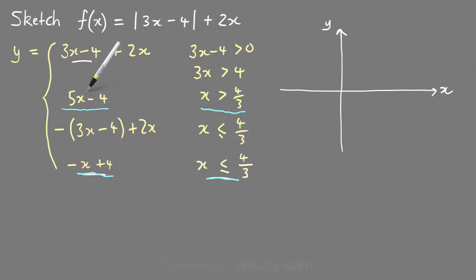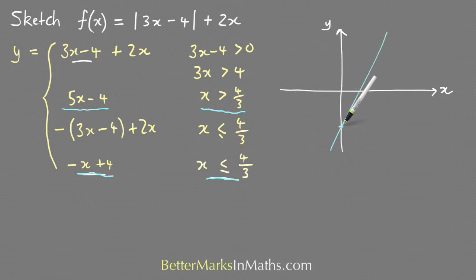So I'm going to start with this one. So 5x minus 4, linear function, gradient 5, y-intercept of minus 4. And that's cutting, say, here, and fairly steep gradient. So just something like that will do. And this is definitely minus 4, the y-intercept.